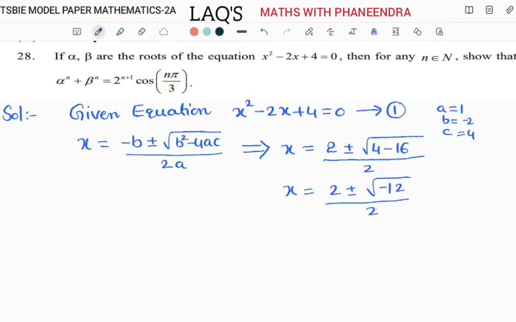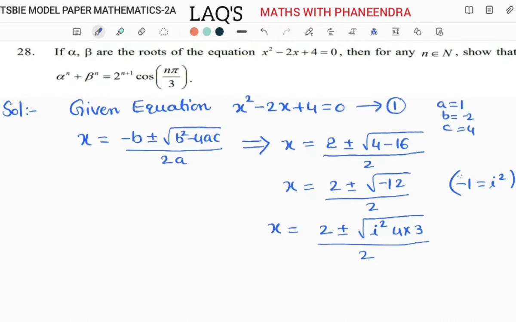So minus 1 is equal to i square. i represents iota. So x is equal to 2 plus or minus root over i square, 12 can be written as 4 into 3, divided by 2. 4 we can take outside of the root, it becomes 2.